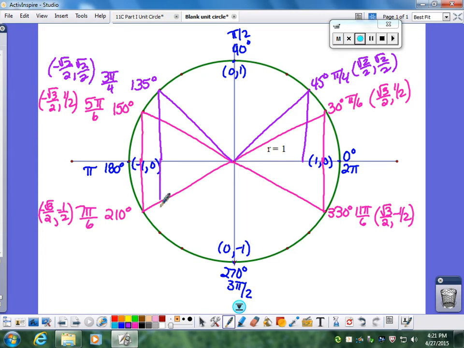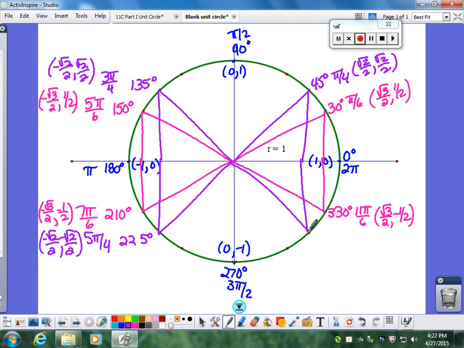All right, third quadrant, 45-degree reference angle. We're at 3, 4, 5. 5 times 45 is 225, or 5 pi over 4. And here we're negative, negative. And then our fourth, reference angle of 45 degrees.